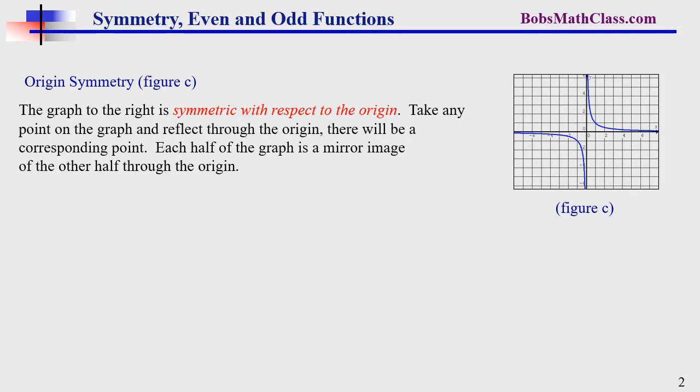If you take any point on one side, draw a straight line to the origin, and keep going the same distance in the opposite direction, you'll get a point on the other side. Each half of this graph is a mirror image of the other half through the origin. So there are three types of symmetry: x-axis, y-axis, and origin.